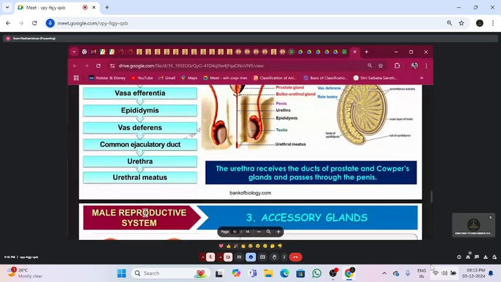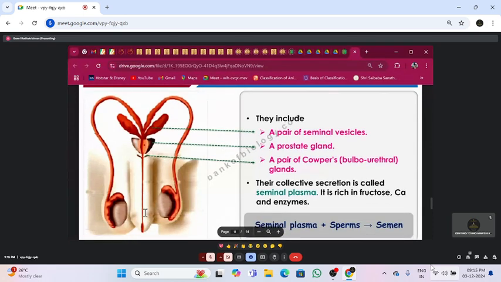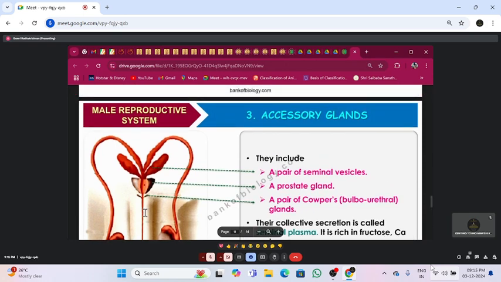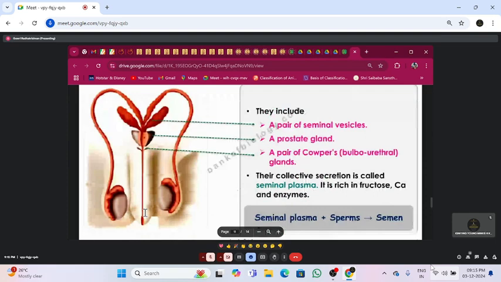The urethra receives the ducts of the prostate and Cowper's glands and passes through the penis. The accessory glands include a pair of seminal vesicles, a prostate gland, and a pair of Cowper's bulbourethral glands.